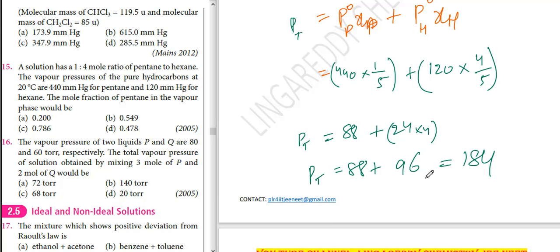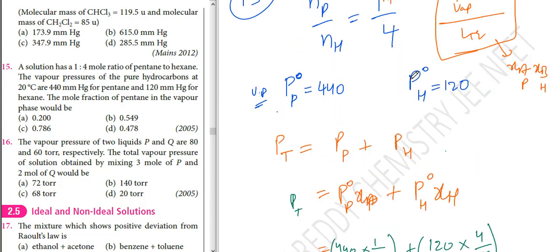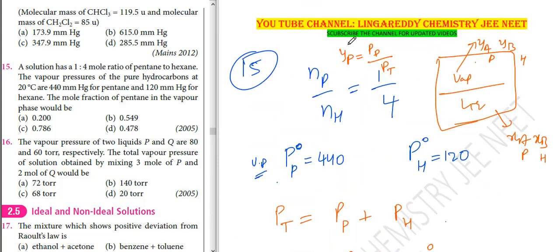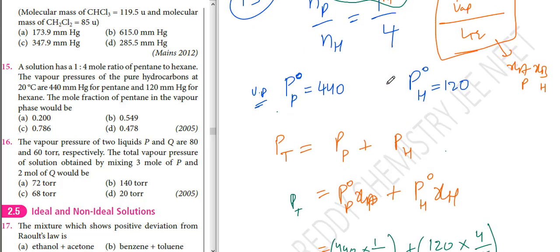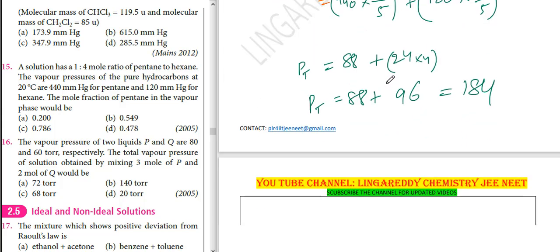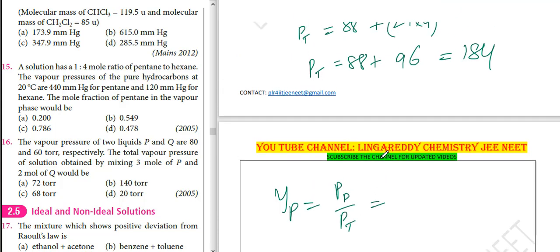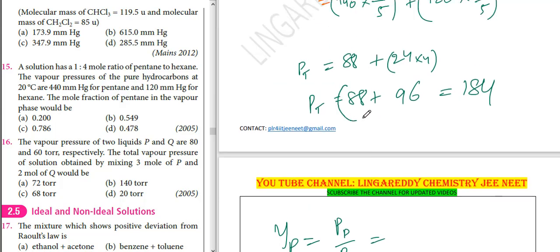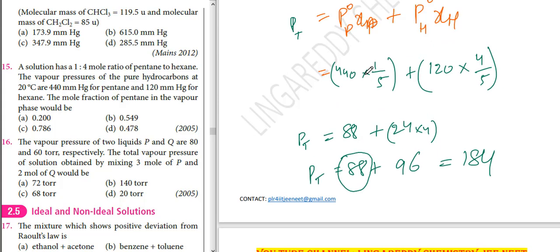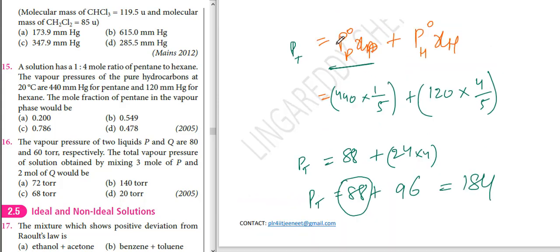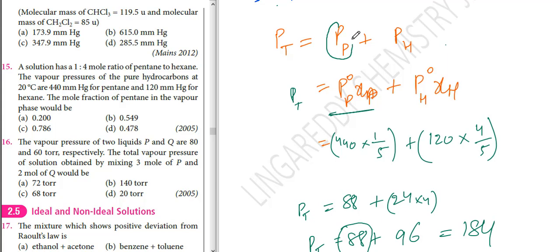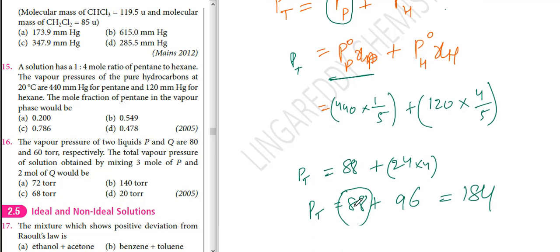See once again what we have to calculate: Yp. Yp means Pp by P total, the partial pressure of pentane upon total pressure. This is the partial pressure of pentane, because in place of Pp I have written P naught P into XP, and that is what we got, 88.